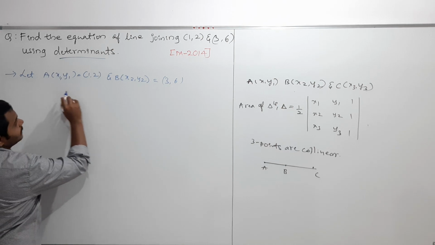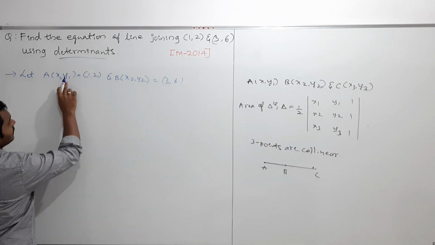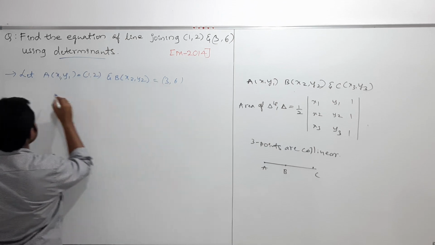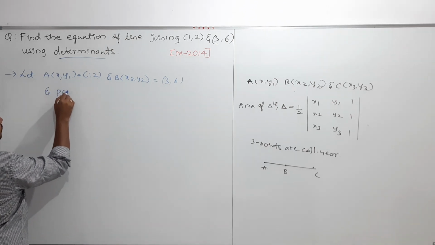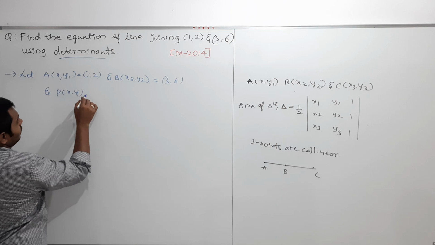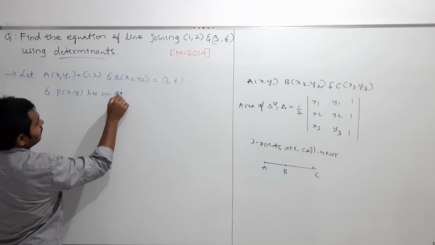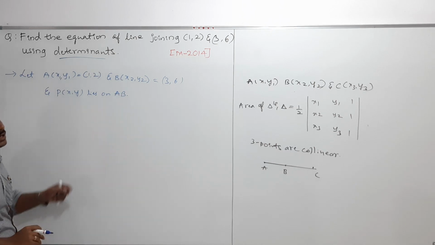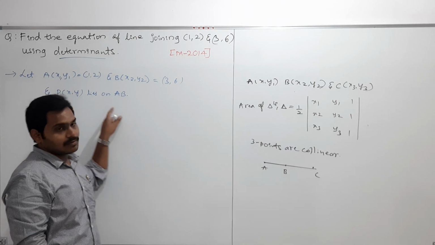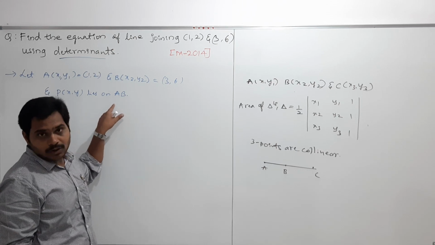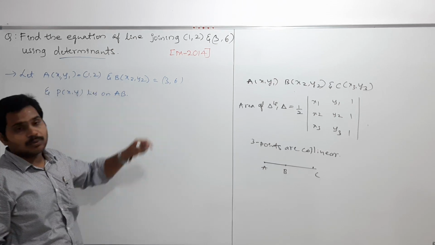So let A of x1 comma y1 equal 1, 2 and B of x2 comma y2 equal 3, 6, and let P of x comma y lie on AB. If we join AB, P of x comma y lies on the line where this point and this point lie.